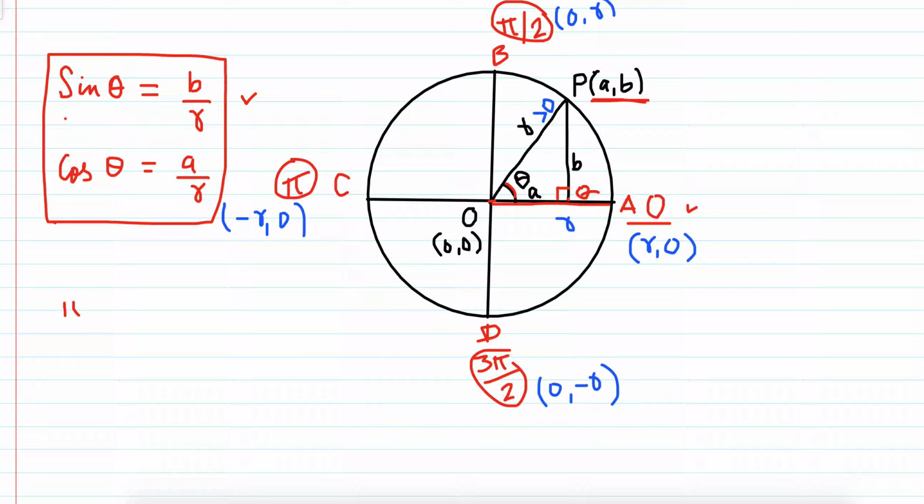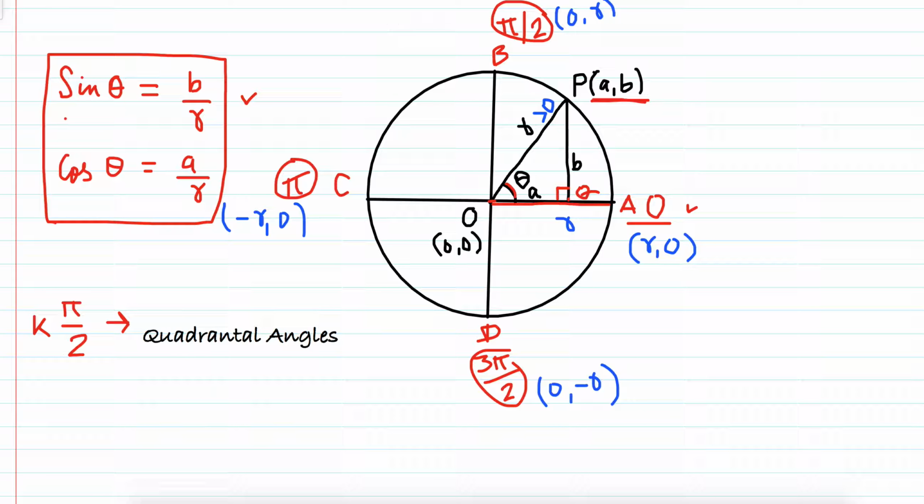All the multiples of pi by 2 we give a special name. We call them quadrantal angles.